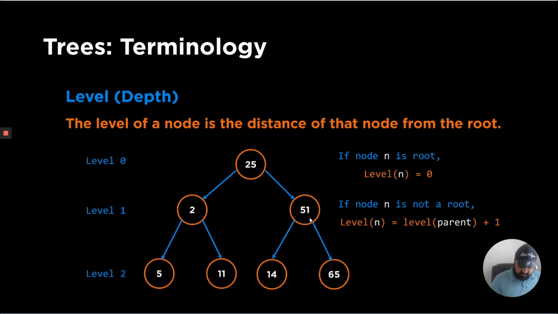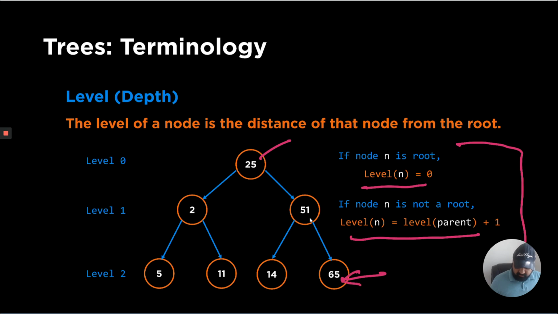So in this case, every level begins with 0. And we have this neat formula: if the node n is the root, then the level is 0. Otherwise, the level is the level of the parent plus 1. Let's say I want to find out the level of this node, you can find it by calculating 1 plus the level of its parent, which is the level of 51.